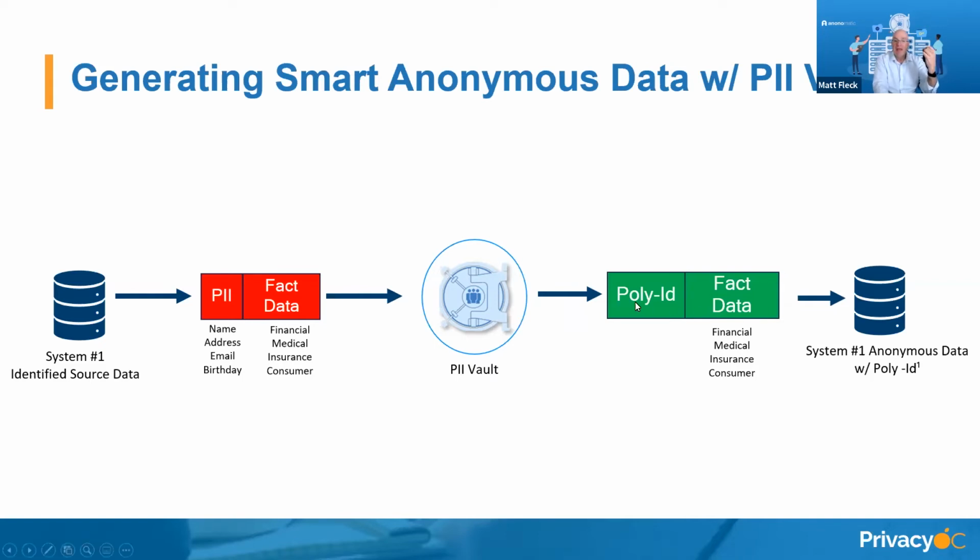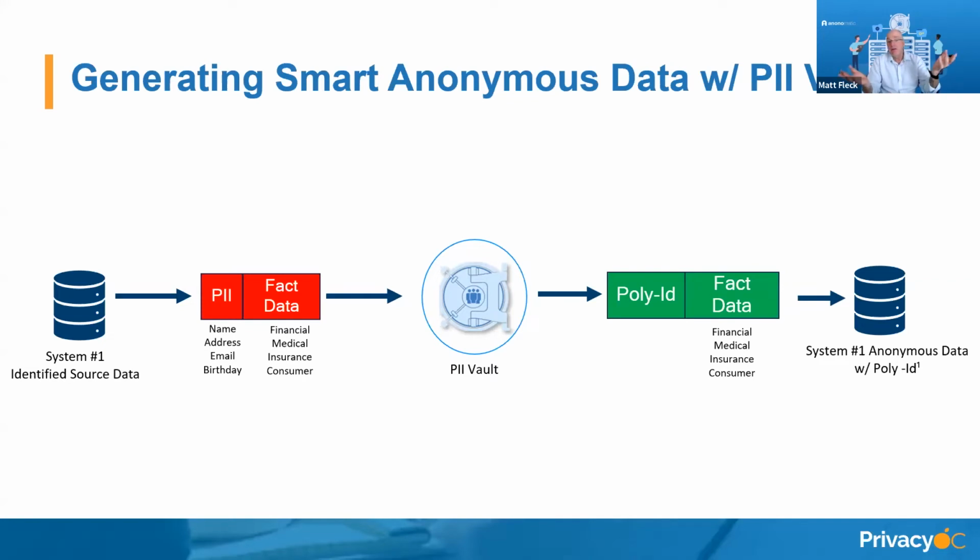But instead of any of those direct identifiers, you have a completely random, what we call a polyanonymous or poly-ID. And that means it's a multi-value, non-identifying identifier, actually even HIPAA compliant. That identifying value with the fact data, you can then store. And you've got that in your repository, and now it's completely de-identified and you can use it.